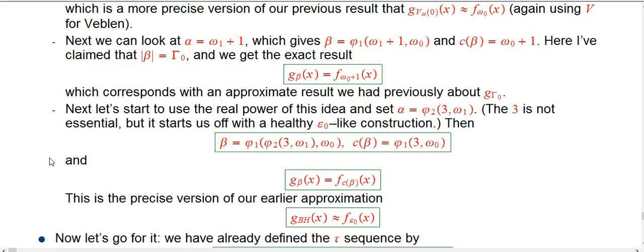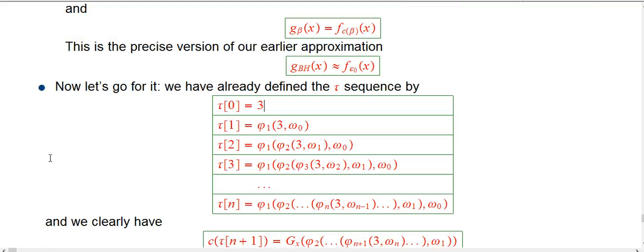Okay, all right, but now we can put it all together. We had already defined this tau sequence by saying, start with just the ordinary number 3. Now phi1 with that as the control argument, and omega naught. Now, instead of doing that at the phi1 level, do that at the phi2 level. Use that as the control argument of phi1.